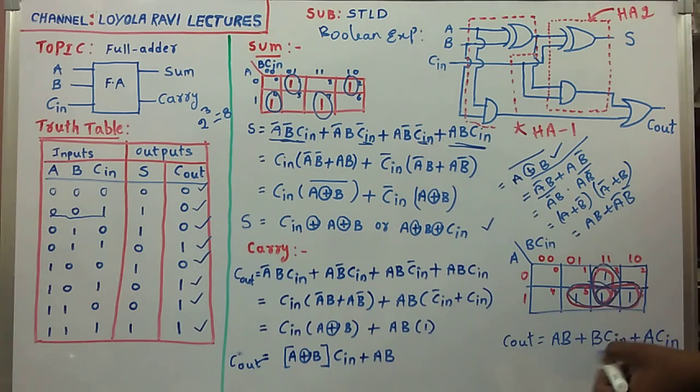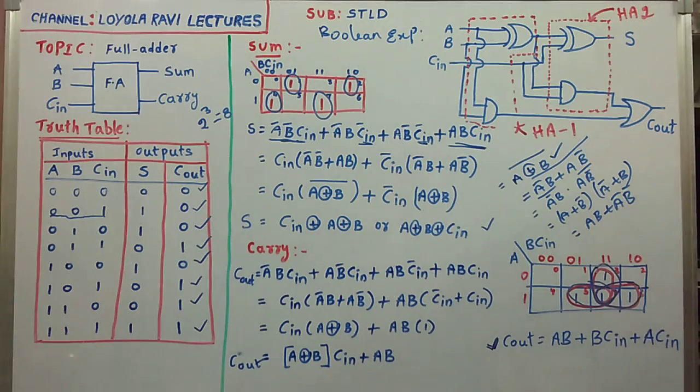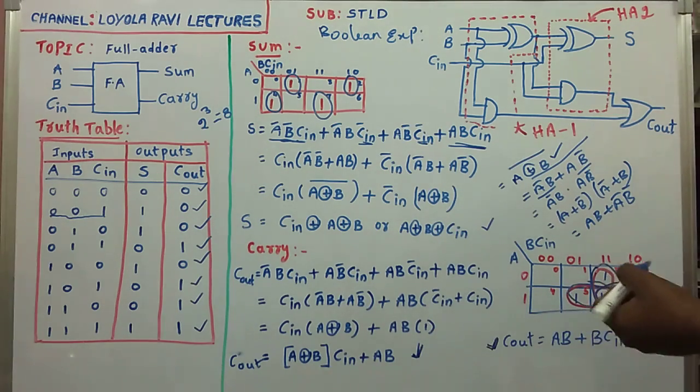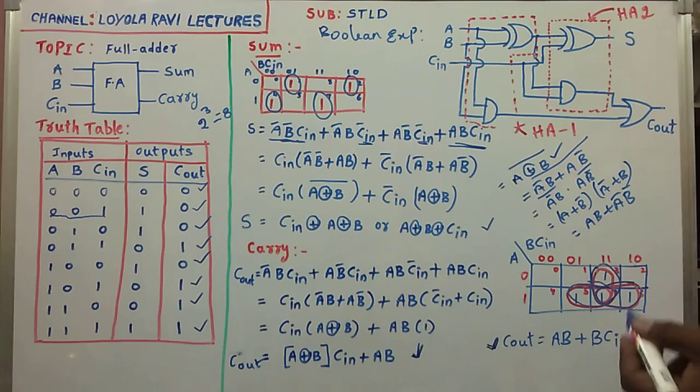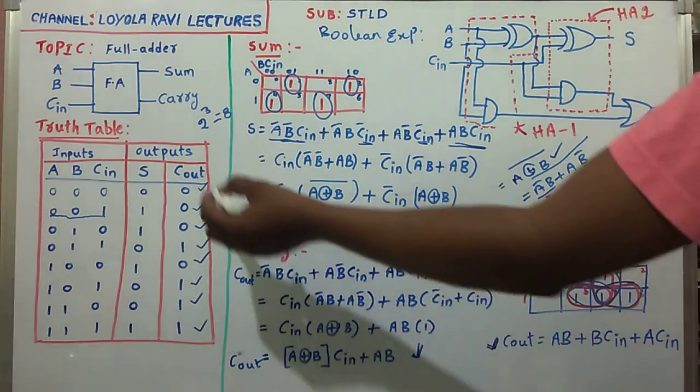The three pairs give the expression AB plus B C in plus A C in. This is also a carry expression, 100% right. But for the implementation of a full adder using half adder, we will go with this method only. Then only our topic is easy. If you write this one, you will not be able to implement a full adder using half adder. That's why I am using the carry expression from the table.